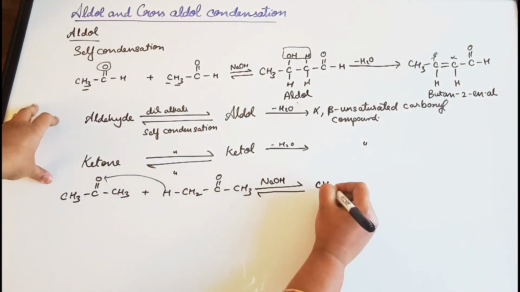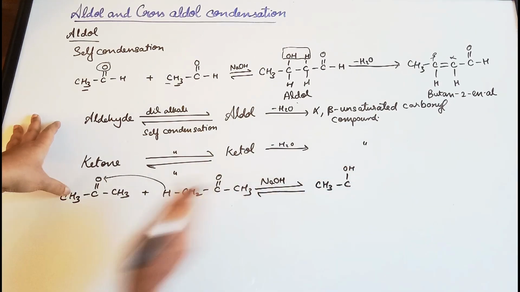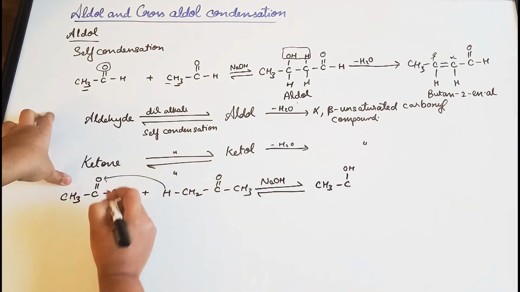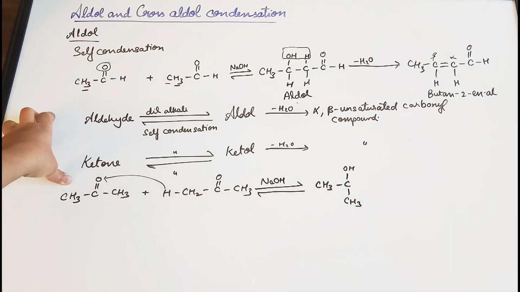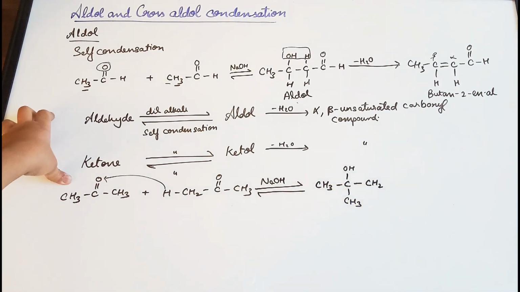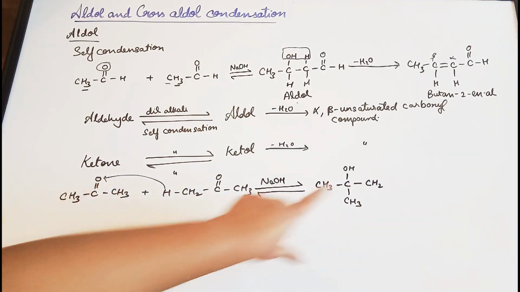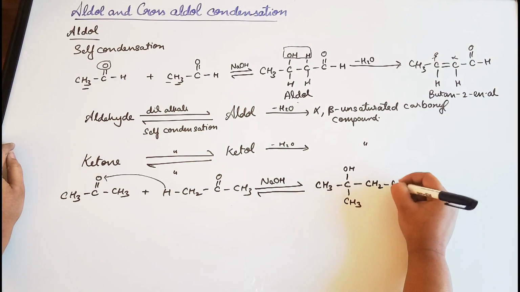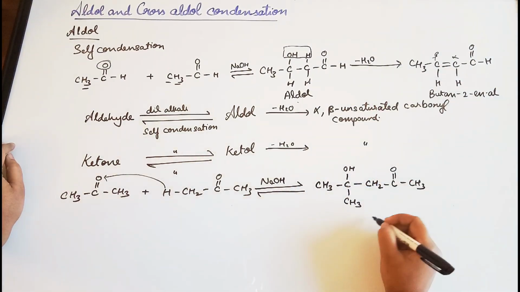So CH3, C single bond OH, because oxygen came and attacked, then a CH3 and CH2, because this carbon loses a hydrogen, that's why you get an OH over here, and CO CH3. Last time you had an H.